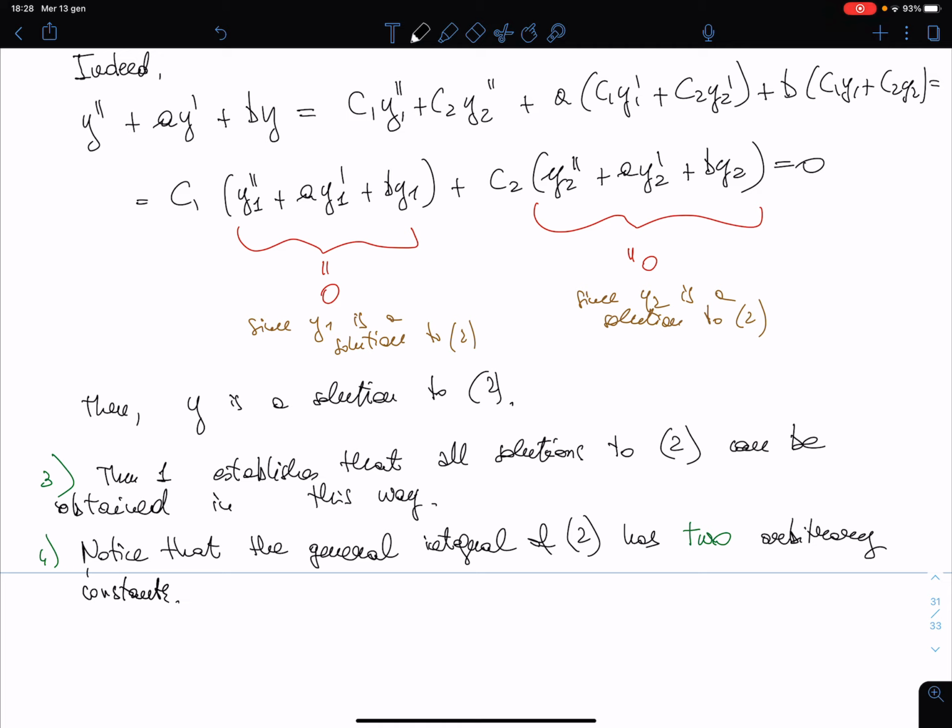This is not really surprising because 2 is a second order differential equation.